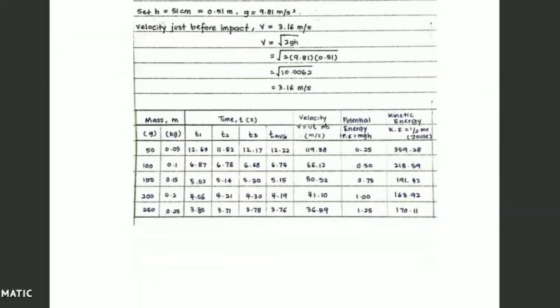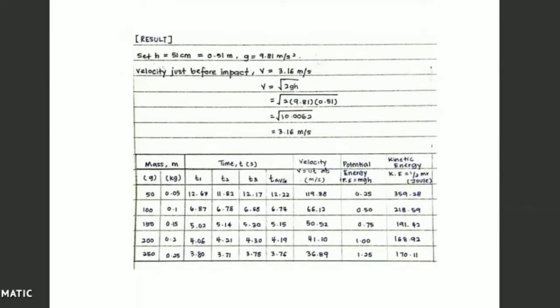So for the result, we get a height of 51 cm, equal to 0.51 meter. Gravity is 9.81 meter per second squared. The velocity just before impact, V, we got 3.16 meter per second. For mass M, from gram to kilogram, we convert the units.